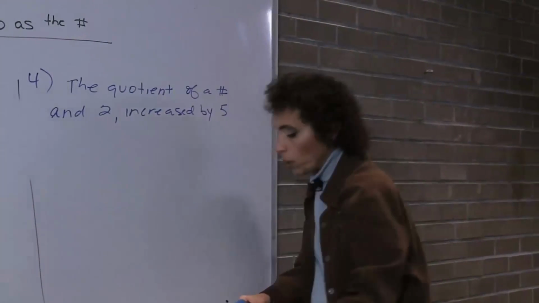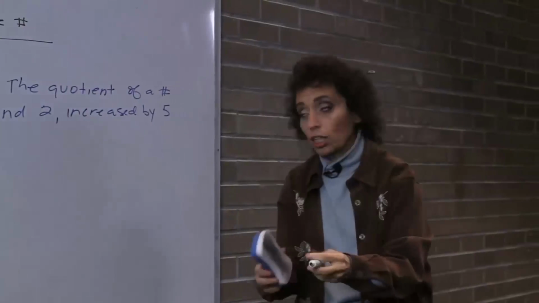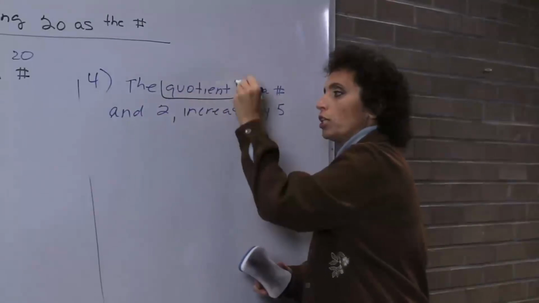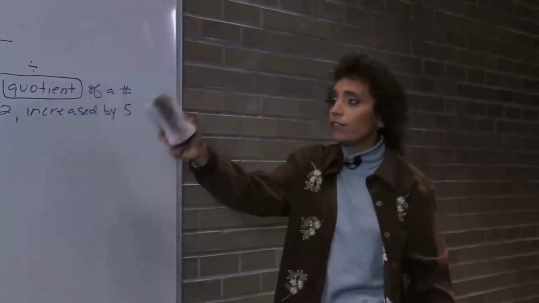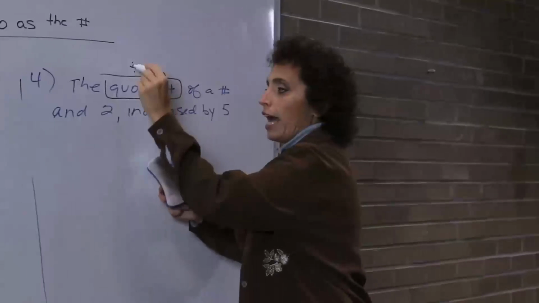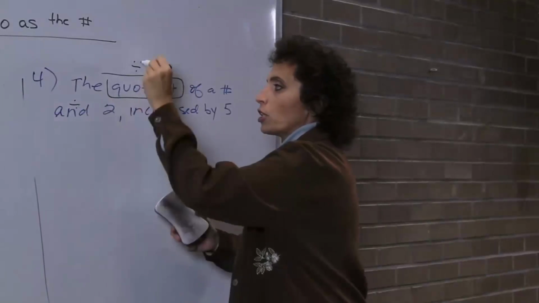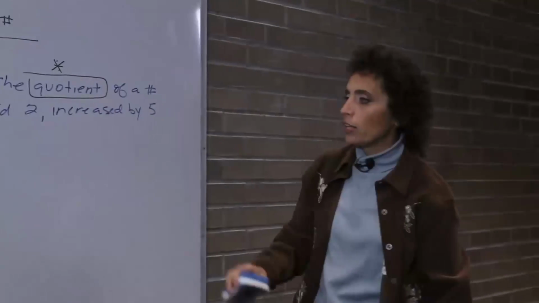We're going to talk about that comma and why that's important. Okay, quotient's a keyword. If you remember, quotient means to divide, but that's not where the division symbol goes. The division symbol goes where you see the and. So this is where the division symbol actually goes.